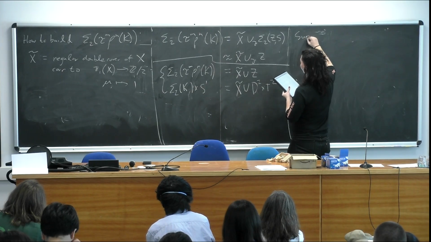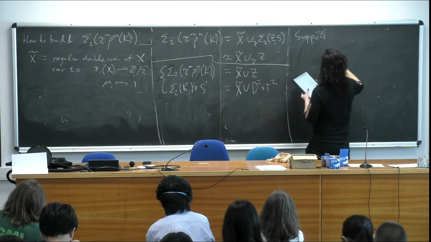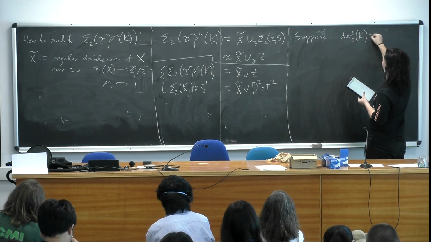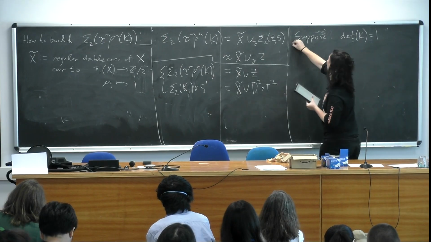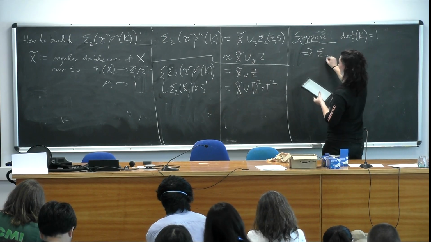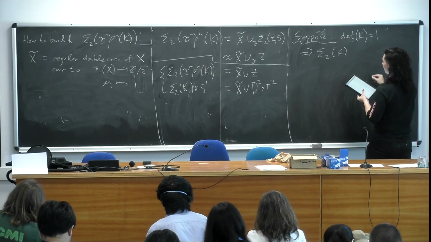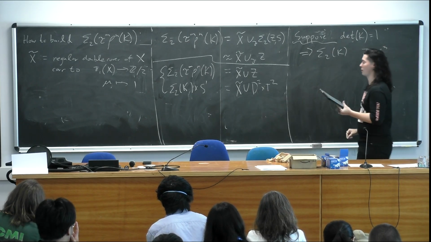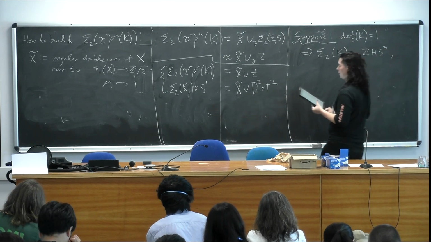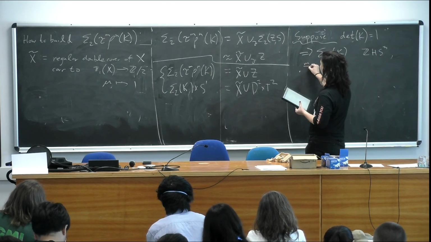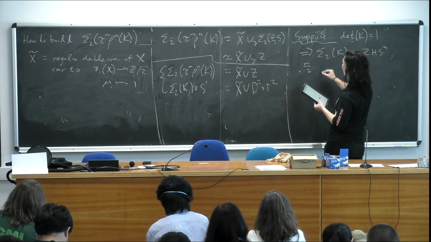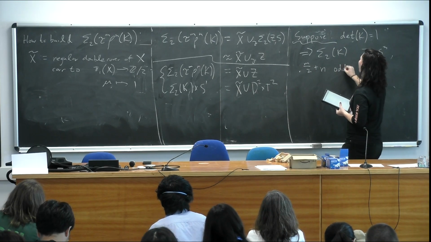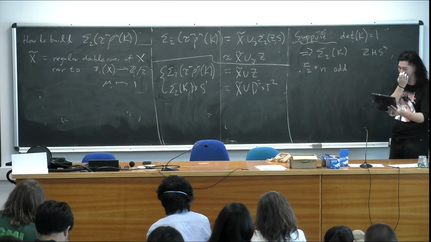Cool. So let's make some assumptions. Suppose that the determinant of my knot is equal to 1, in which case the double branch cover of K is an integer homology 3-sphere. It'll just make our lives easier so that unique real spin structures pop up. And then I'm also going to assume that m over 2 plus n is odd.